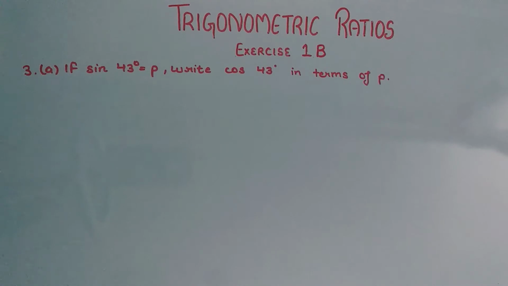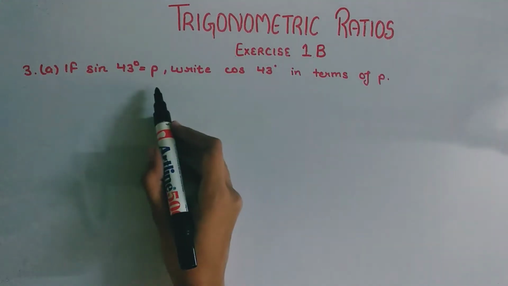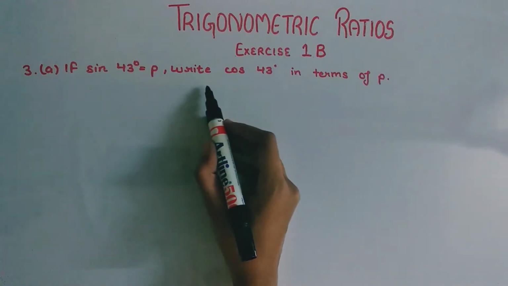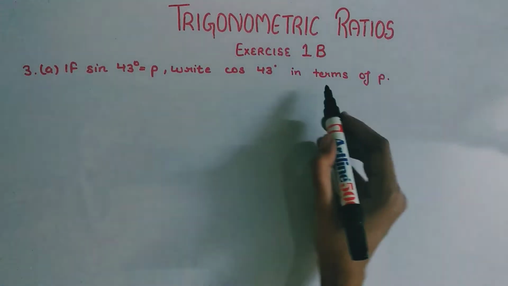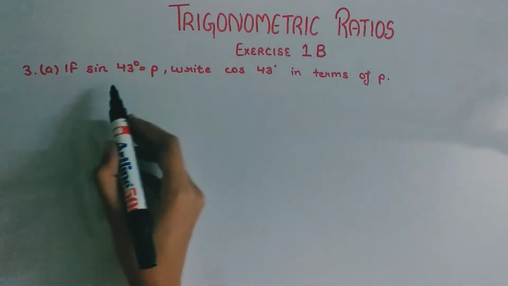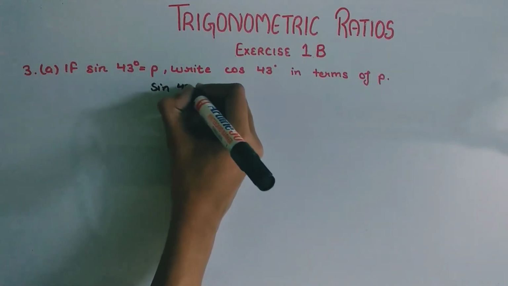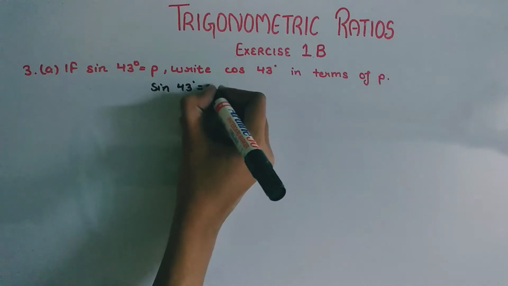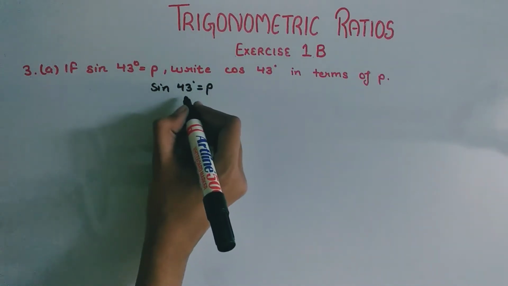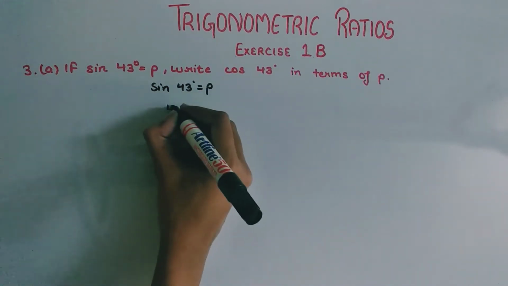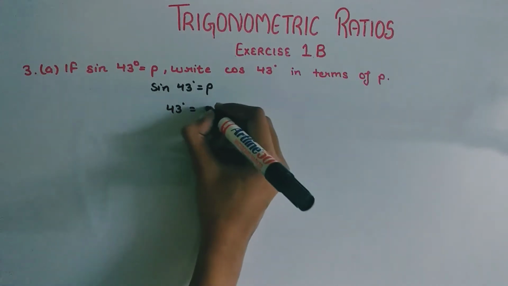We have a part of our next question. If sine of 43 degree is equal to P, we have to write the value of cos 43 degree in terms of P. First of all, we have sine of 43 degree is equal to P. Here 43 is any acute angle.